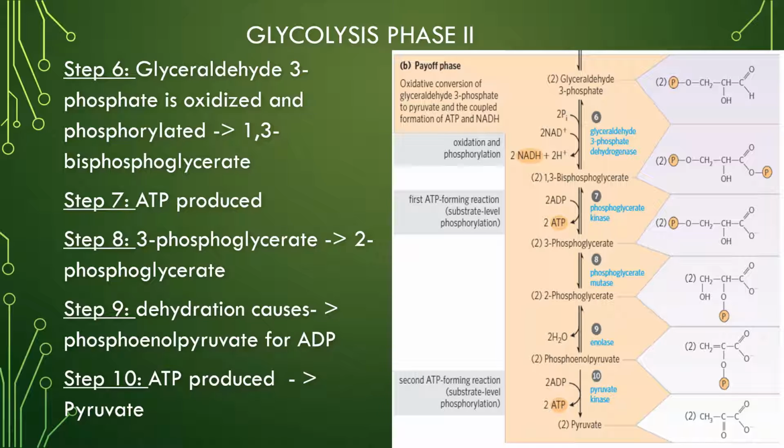Okay, so the oxidative conversion of glyceraldehyde 3-phosphate, and that is done through oxidation and phosphorylation. Okay, notice there's something different with the second phase of glycolysis: we have added in the 2 NAD.